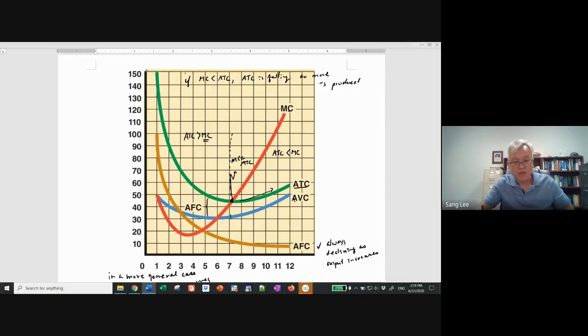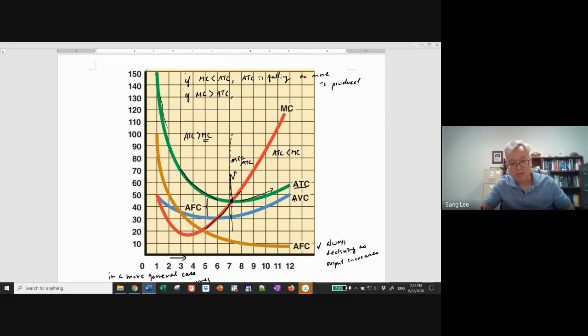So here, as long as what? Marginal cost curve is what? Positioned below average total cost curve, then what? As you produce more output, average total cost is what? Falling. However, if marginal cost is greater than average total cost curve, on the other side of this dotted line, okay?